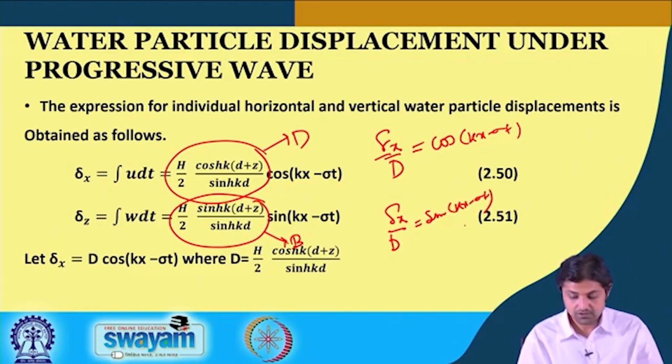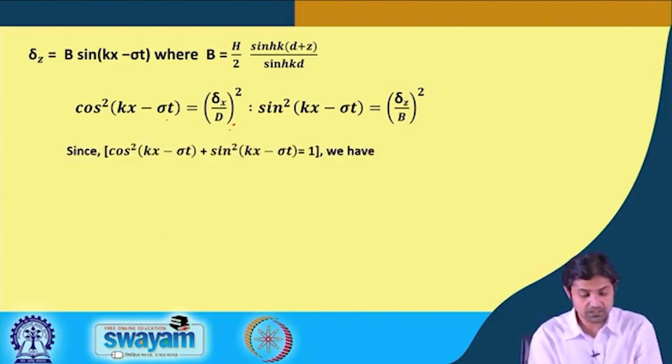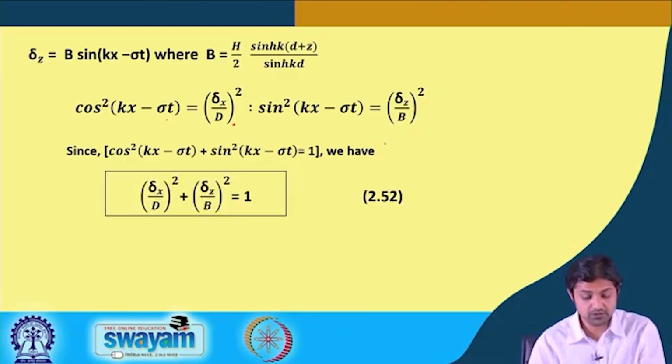All right. So, sin square theta plus cos square theta is equal to 1. Therefore, this is what we have used. So, what we write is delta x by d whole square plus delta z by b whole square is equal to 1.